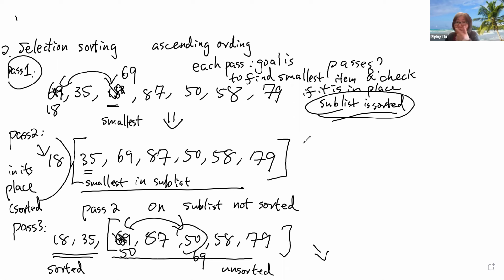In bubble sort you keep comparing. Here you just find the smallest. That's your goal. So it's different from bubble sort. So that's not the termination condition. So this doesn't matter to us. Even though the whole list is sorted, it doesn't matter.